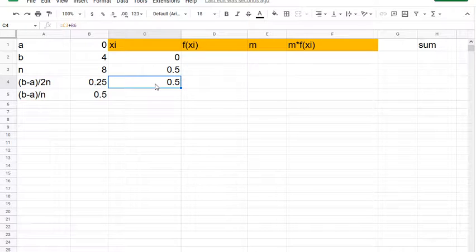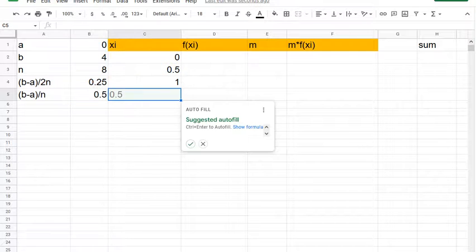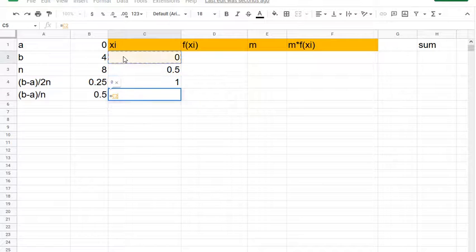And so let's back up. Remember, this is x of 0, this is x of 1, and so for x of 2, we need x of 0 plus 2 times delta x. And then this one, we need x of 0 plus 3 times delta x.